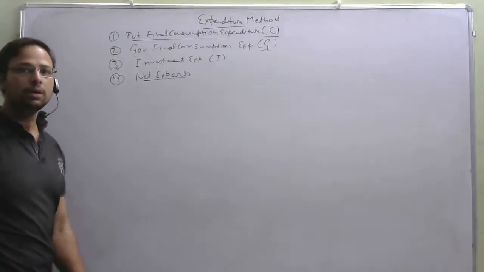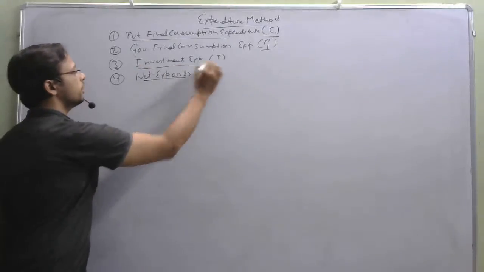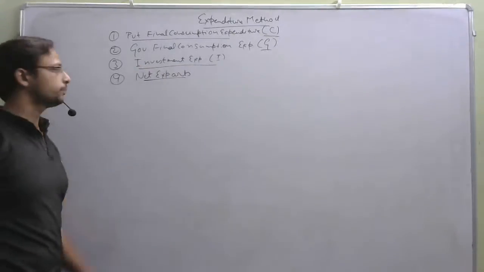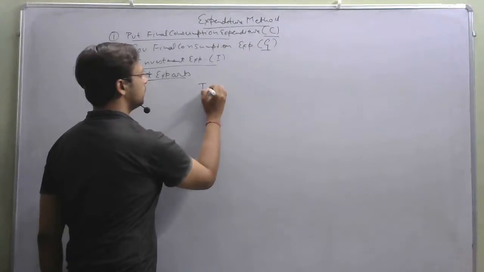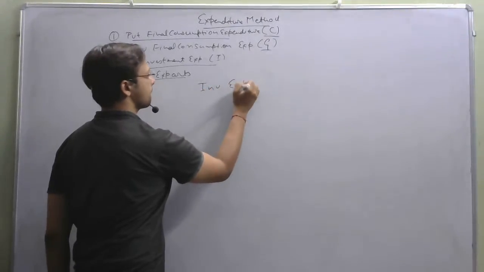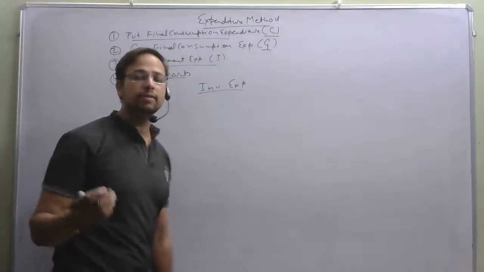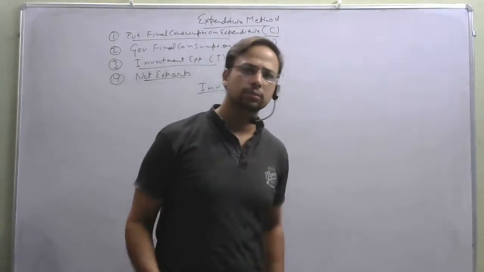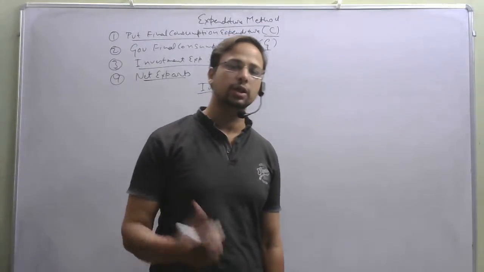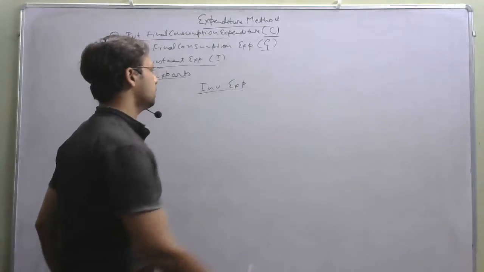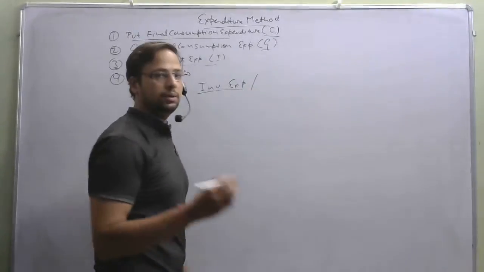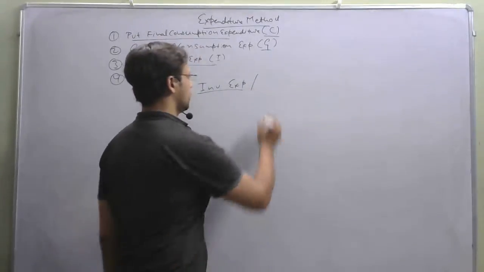So let us discuss investment expenditure, or I. Investment expenditure is given many names in the questions on national income, and that name is gross domestic capital formation.